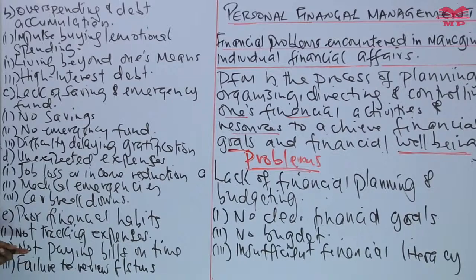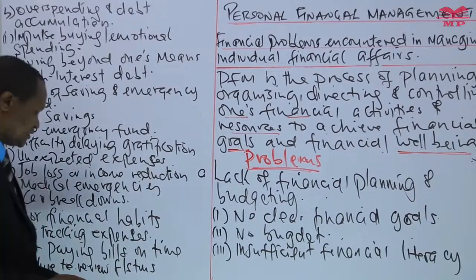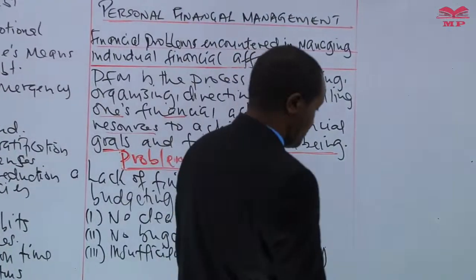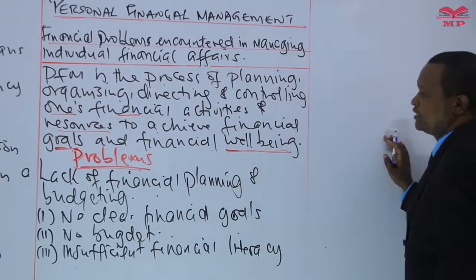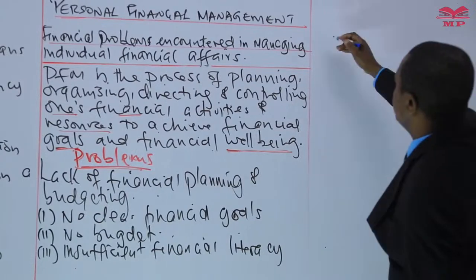So these are 3 points on poor financial habits: not tracking expenses, not paying bills on time, failure to review financial statements. This is the 5th category. The 6th category is limited financial resources.